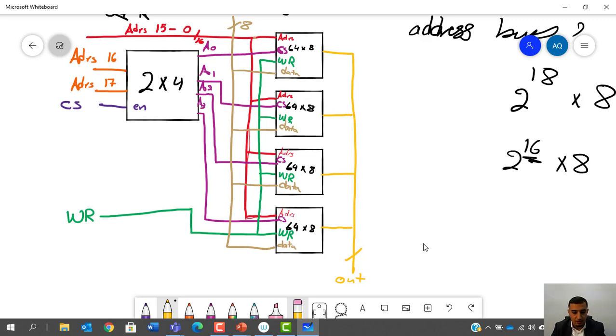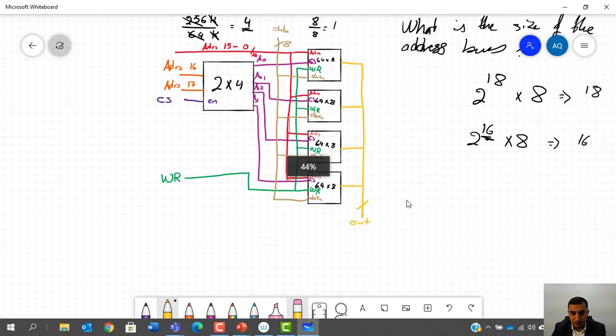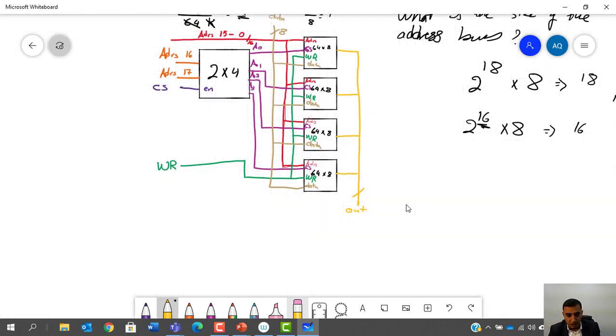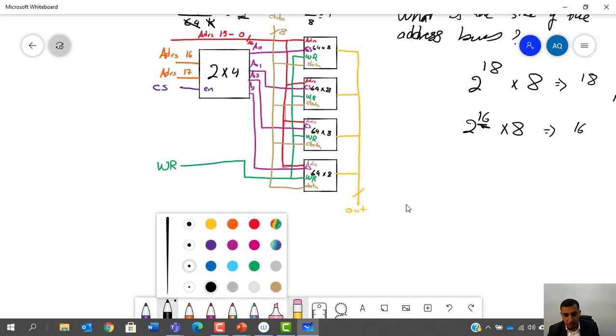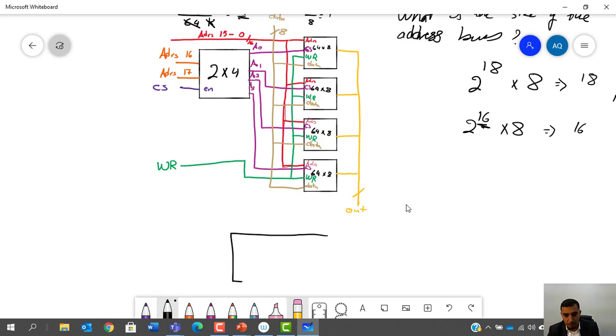At the end of the day, this is your RAM. At the end of the day, your RAM is basically the following: a 256K by 8 RAM. It will have an address from 0 to 17 lines, which is 18 lines.